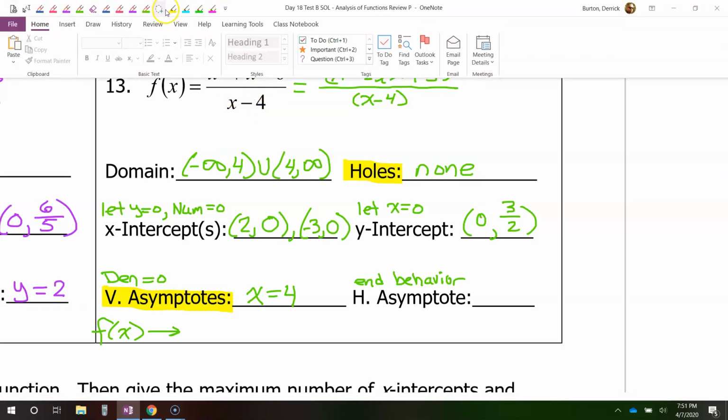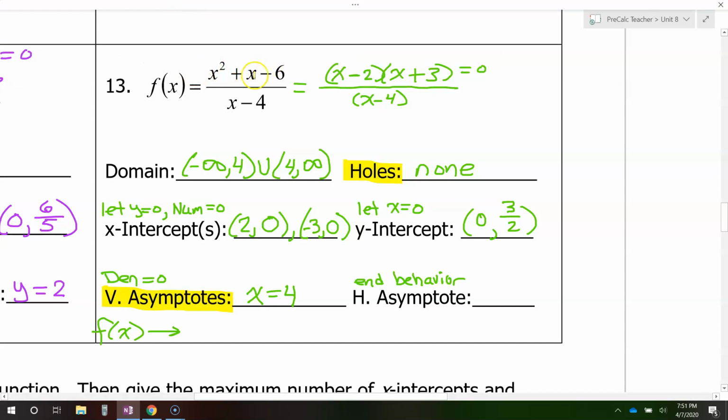So we have learned that when you have more than one term, like we've got this trinomial up here, as x approaches infinity, the term with the highest power is going to grow so much faster than the other terms that eventually the other terms will become insignificant. So only the x squared is going to matter, and in the denominator, only the x is going to matter. So just ignore the rest of it.